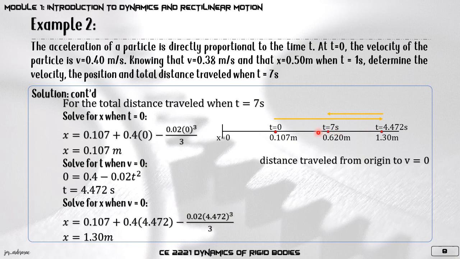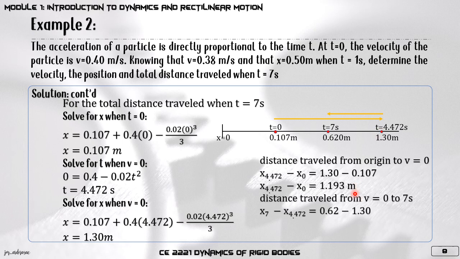So with that, we'll now compute for the distance first from 0 seconds to 0 velocity, or that's 4.472 seconds. So that will now be 1.3 minus 0.107, or the distance traveled in the positive direction is 1.193 meters.